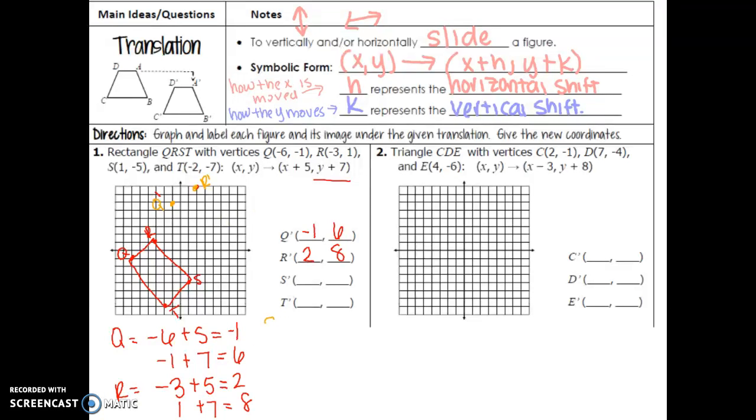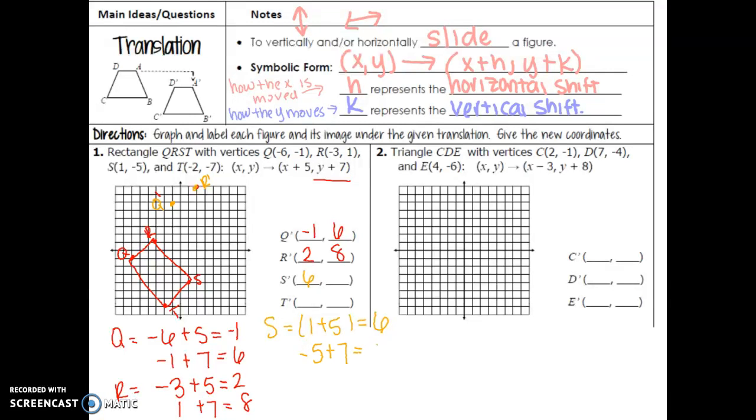For my S, remember x, you add 5. So I'm going to say 1 plus 5. That's going to equal 6. So S prime x is 6. And then we have to take our y. What was our y? Negative 5. I'm going to add 7.